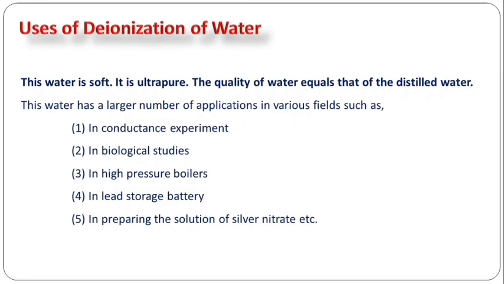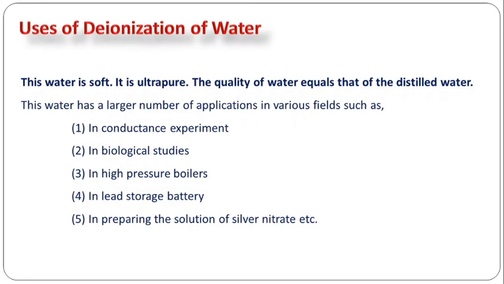And in the preparation of silver nitrate solution. Silver nitrate is a costly chemical that should not form any precipitate with the water while making the solution, because if the water contains anions like chlorides, fluorides or iodides, the silver nitrate will get precipitated.